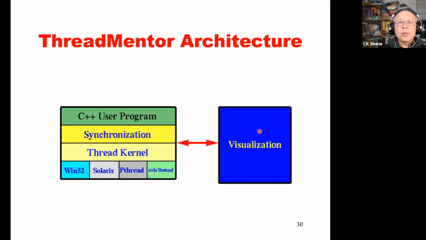So this is a way to minimize your effort in writing programs by focusing on the syntax and the semantics. Instead, we provide you with a very simple platform so that whatever the class slides say, you just directly use in your C++ program under ThreadMentor.